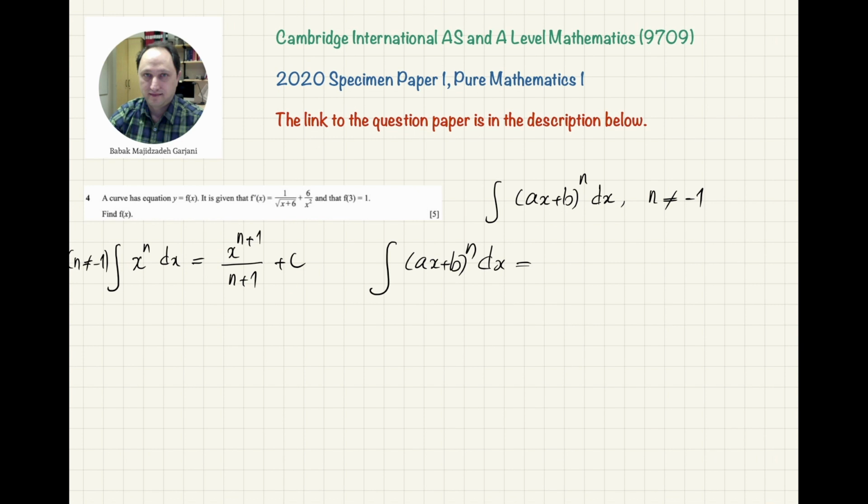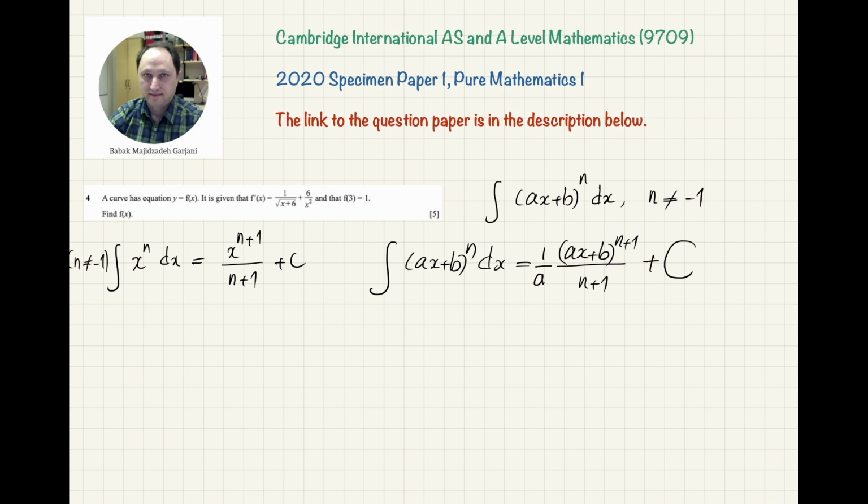I would write the answer as (ax plus b) to the power of n plus 1 divided by n plus 1, but then I have to multiply by an extra factor of 1 over a, and then of course a constant of integration.